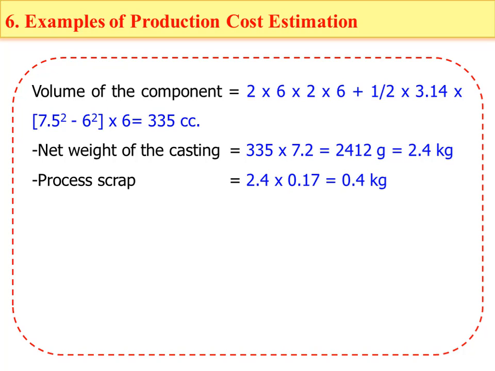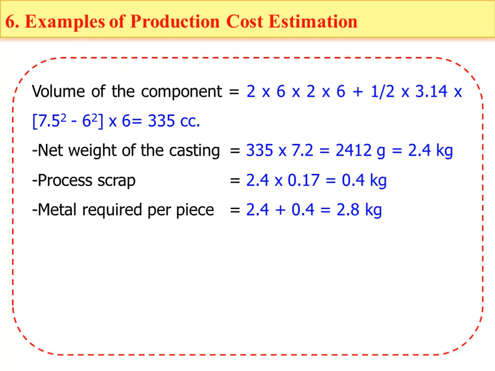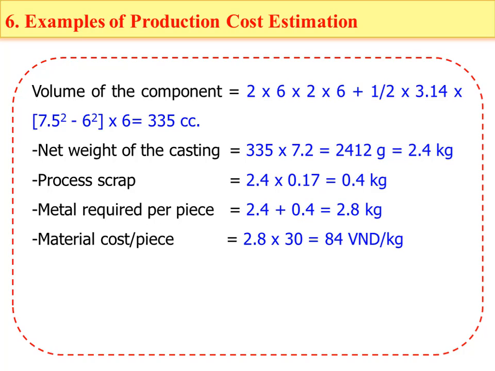Then the process scrap is calculated by the net weight of the casting multiplied by the percent of process scrap. The metal required per piece is calculated by the net weight of the casting plus the process scrap, and the material cost is calculated by the metal required per piece multiplied by the cost of molten iron at cupola spout per pound.